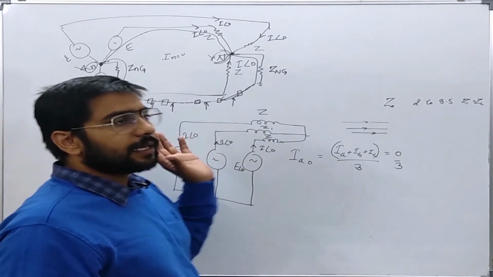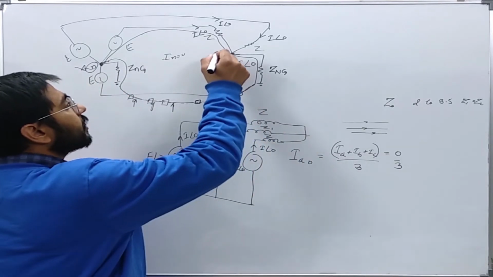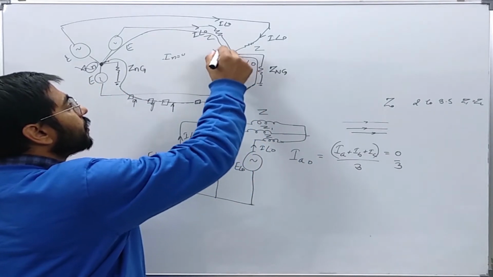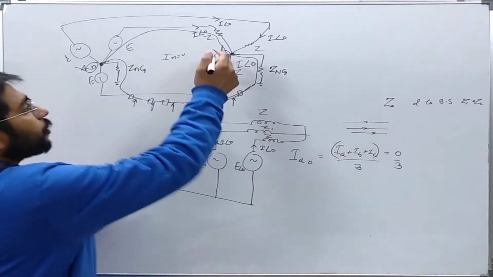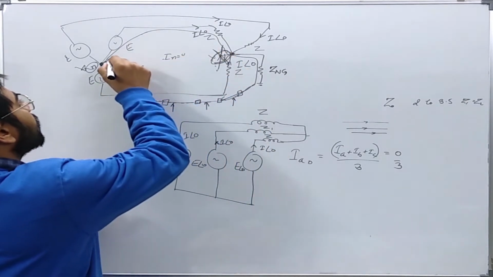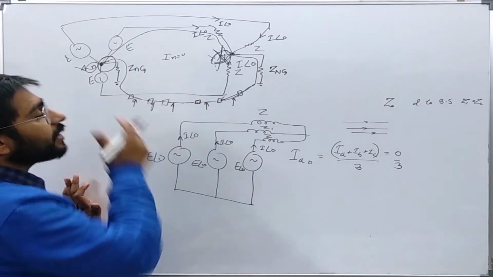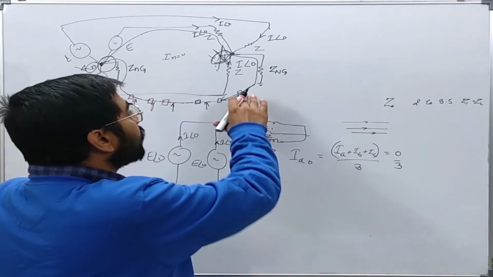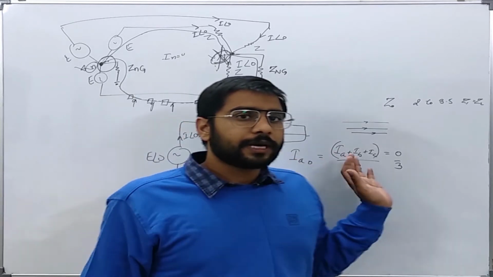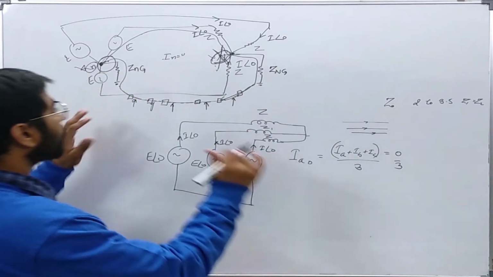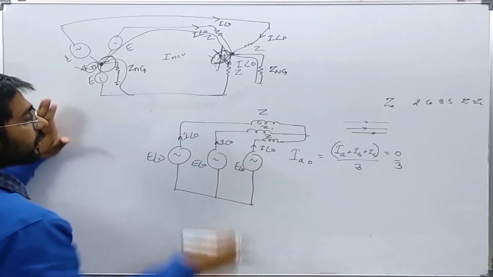So you see that in a zero sequence network, we cannot take this neutral as a reference, because the potential of this neutral will be different as compared to this neutral in the power system. Similarly, this ground will have a different potential voltage level at various other points. So what do we assume for the zero sequence network reference?